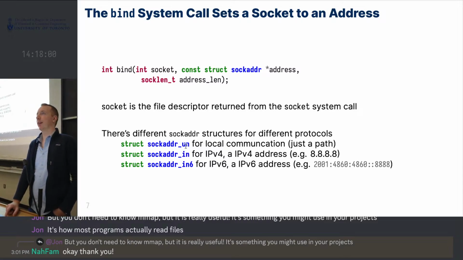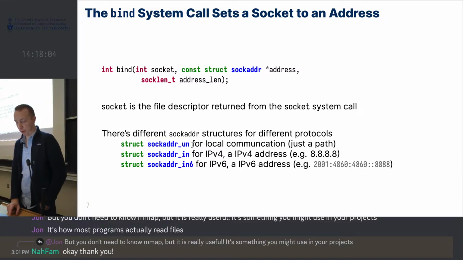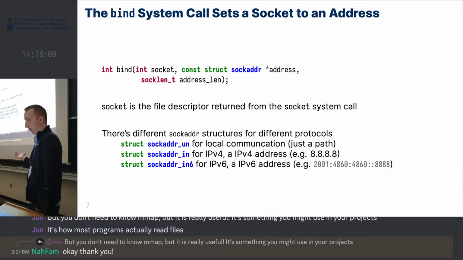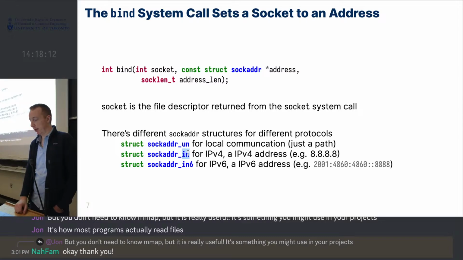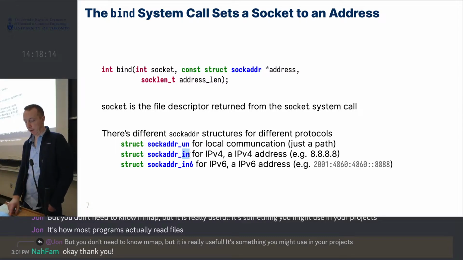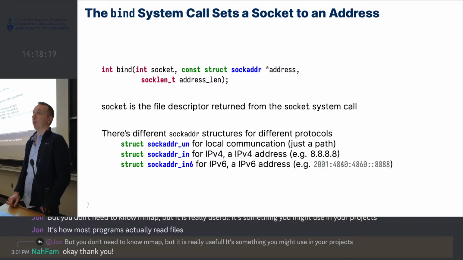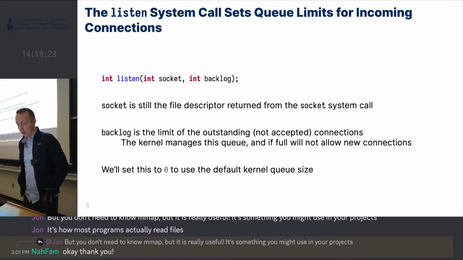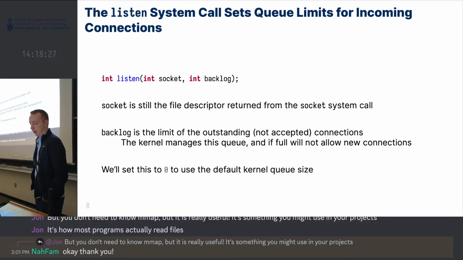I don't know why they can't just type Unix, why it has to be UN, but don't ask me. For local communication, it's just a path that looks like a file. For IN or IPv4, it's an address like 8.8.8.8, and for IPv6, it's some ugly hex thing separated by colons.